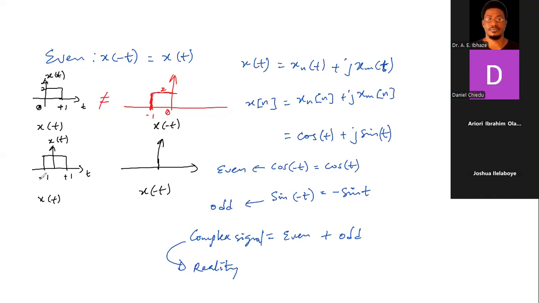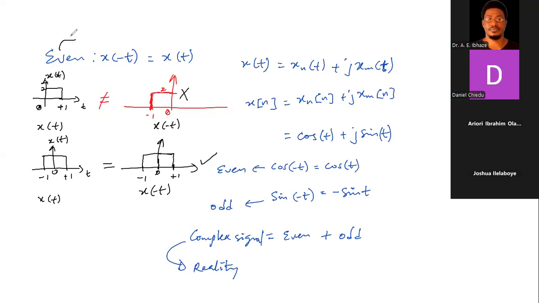The negative times negative will become positive. So it flips to this side, it becomes +1, and the amplitude remains. So 0 times negative remains 0. So +1 times minus becomes -1. So it flips to this side, -1. Now, is this signal the same as this? Yes. So while this signal is an even signal, this signal is not an even signal.